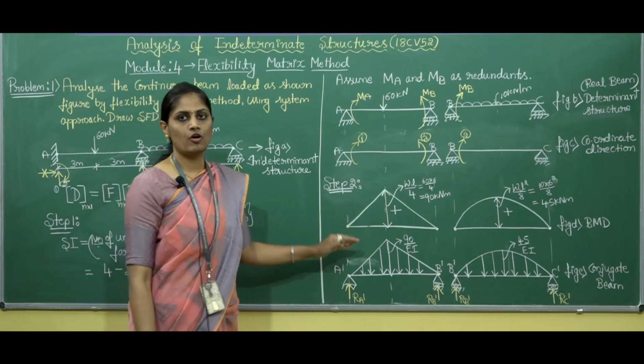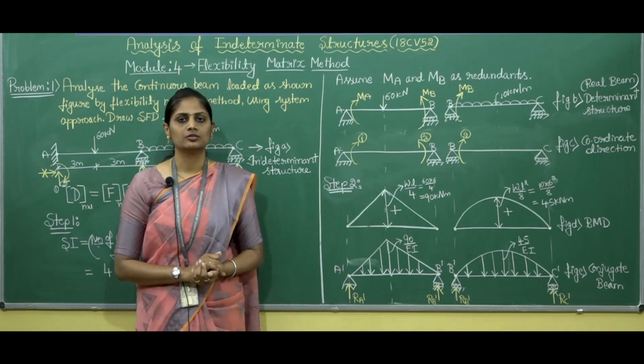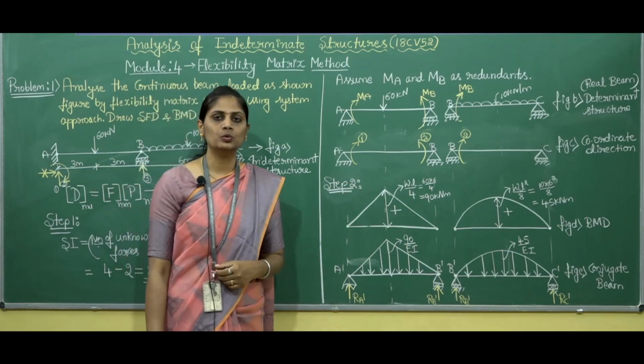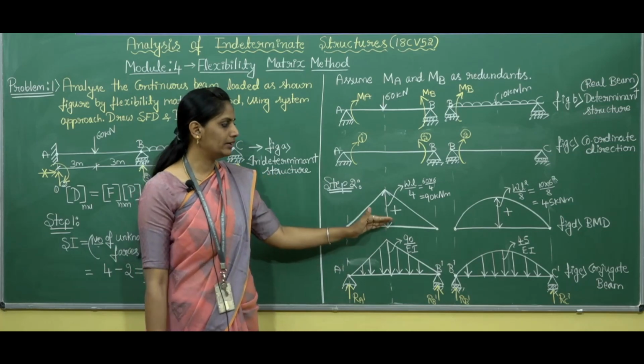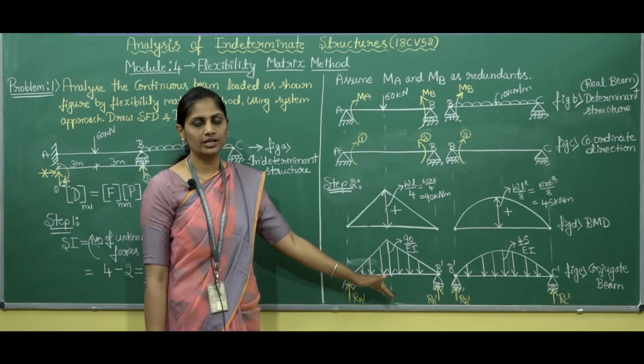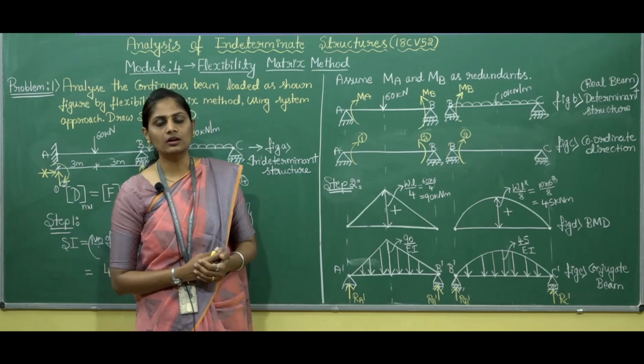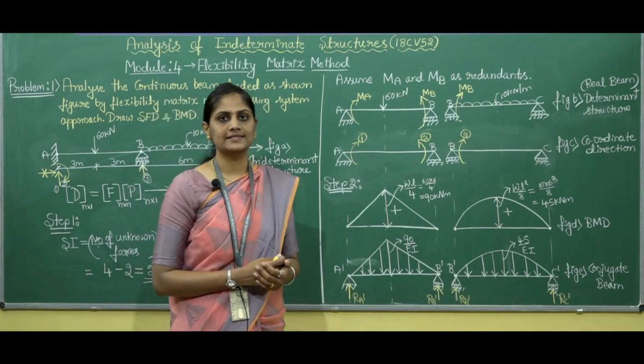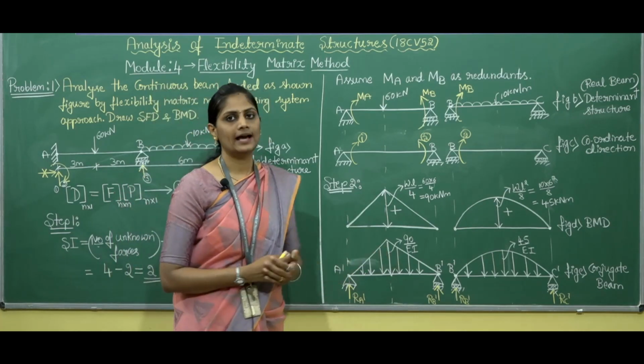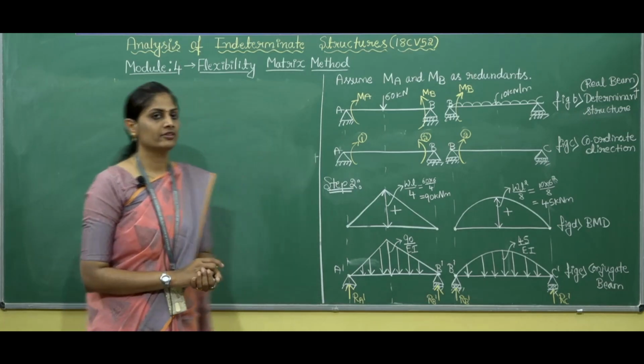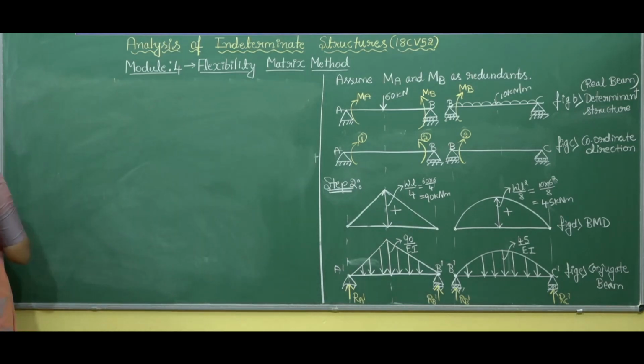So this forms step number 2. In step number 2, we sketch the bending moment diagram and conjugate beam based on the given support conditions and loading diagram. Next we have step number 3.